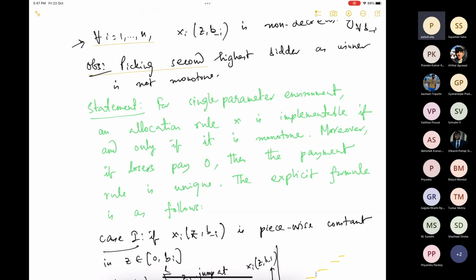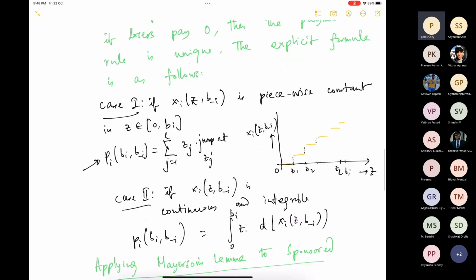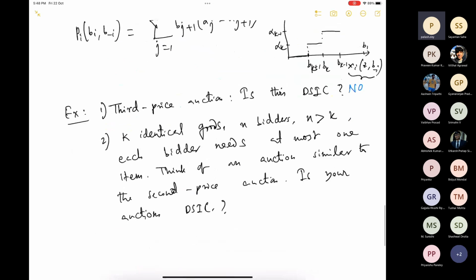So what does Myerson's lemma say? It says that in a single parameter environment, monotone allocation rules are the only allocation rules which are implementable, and the payment rule is unique. Now look at the third price auction. We have seen that for the allocation rule which gives the item to the highest bidder, the second price auction is dominant strategy incentive compatible. Bidding true values, bidding their valuations, is a dominant strategy.